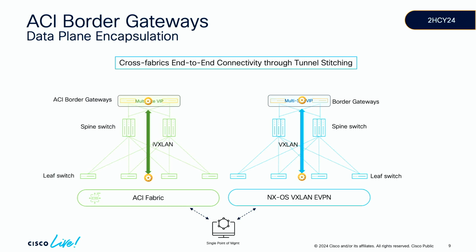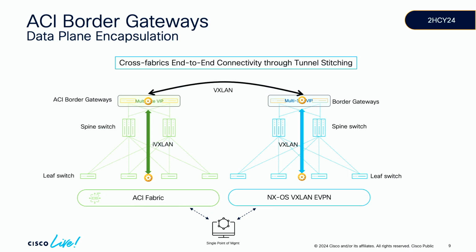From inside each fabric, from a leaf, whenever I want to communicate with something on the other fabric, I go to the multi-site VIP of my local border gateways. The border gateways take the packet, inspect the encapsulation, do the layer 2 lookup, layer 3 lookup, whatever I need to do, and then encapsulate to the multi-site VIP of the border gateway where the destination is connected.